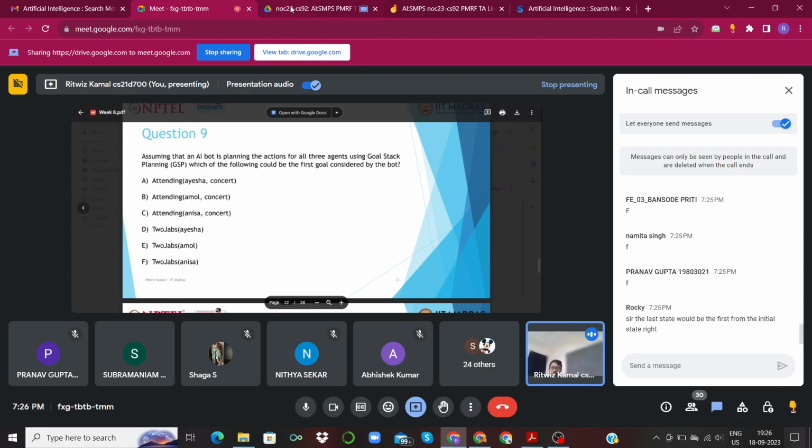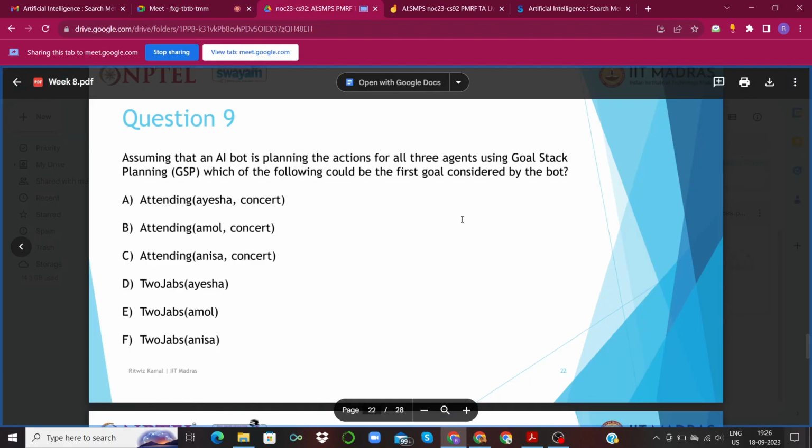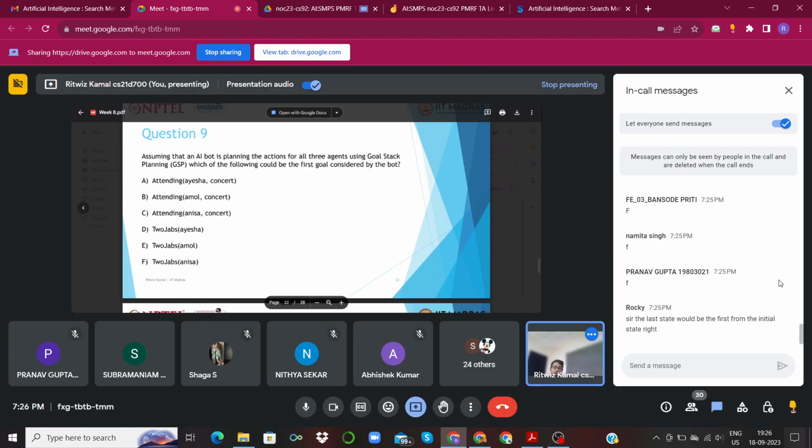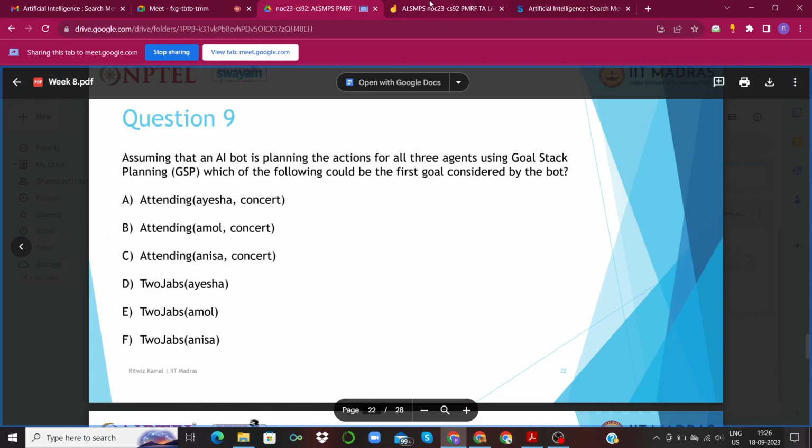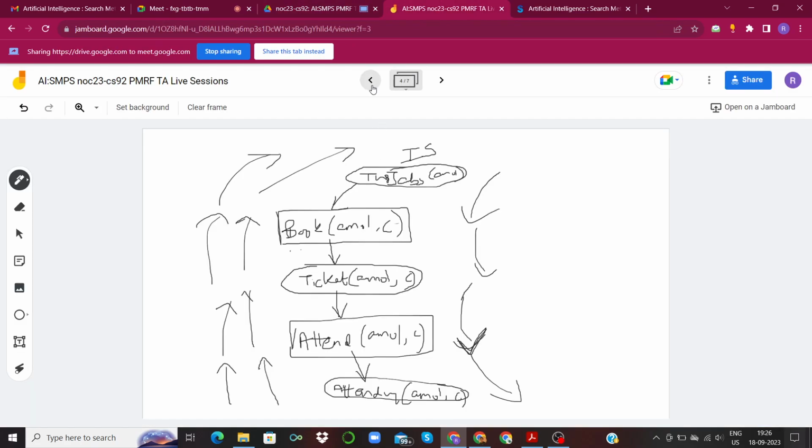What we do here basically in goal stack planning is that we have a stack, and we look at the goals that we have to satisfy.